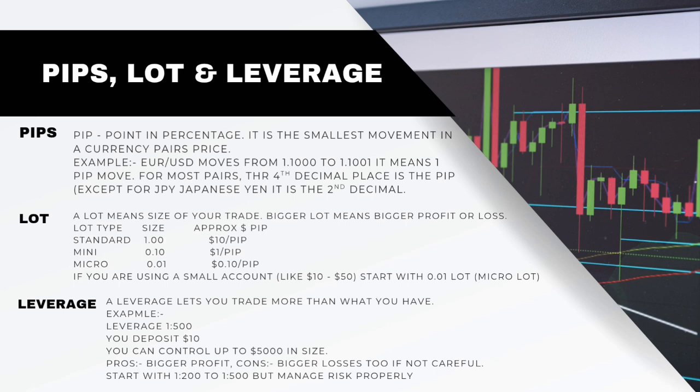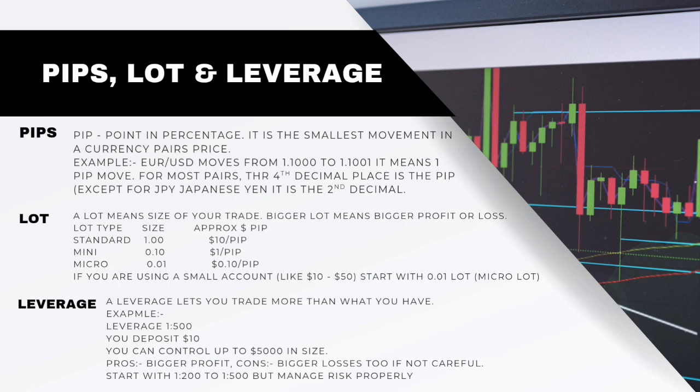Immediately it moves up to 1.1001. One pip has moved up. That's it. For most pairs, the fourth decimal place is the pip, except for the JPY pairs, because on the JPY pairs, that's Japanese yen, the second decimal place is the pip.